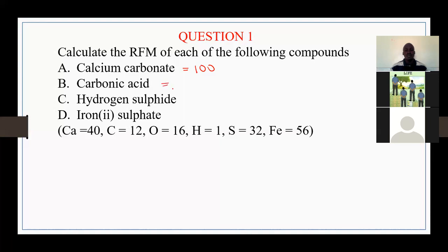We have carbonic acid. Yes, Jackson, please try out the following questions. We are trying to find the masses of these compounds. Mazali, we would like to hear from you.